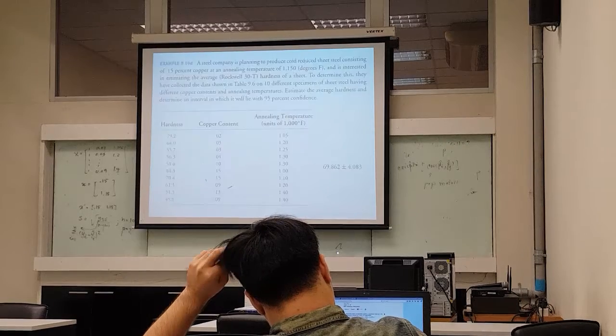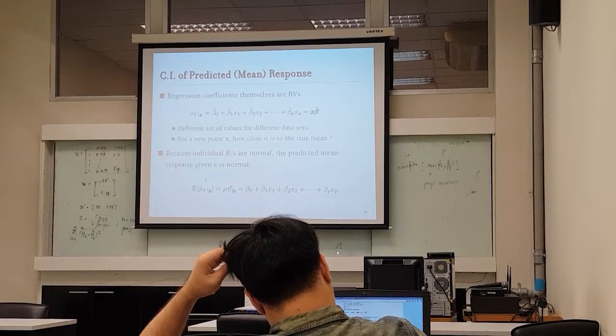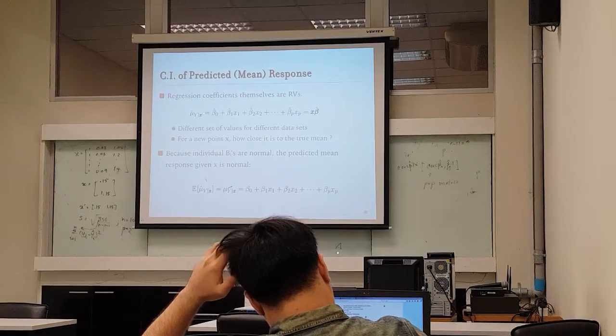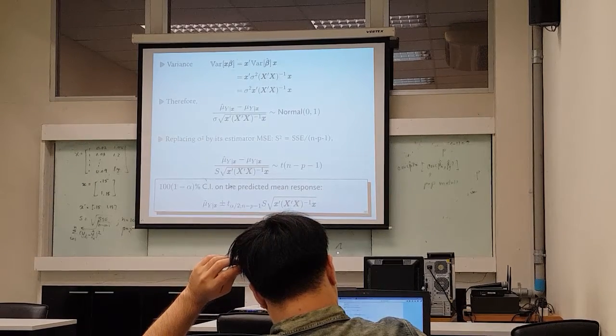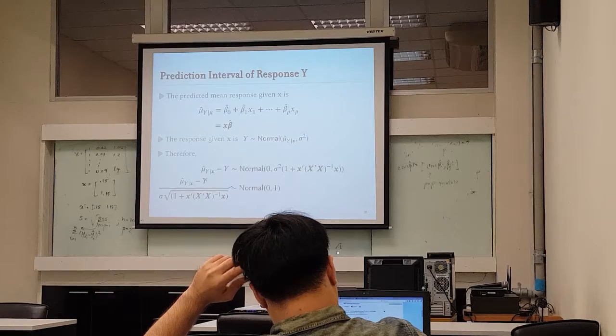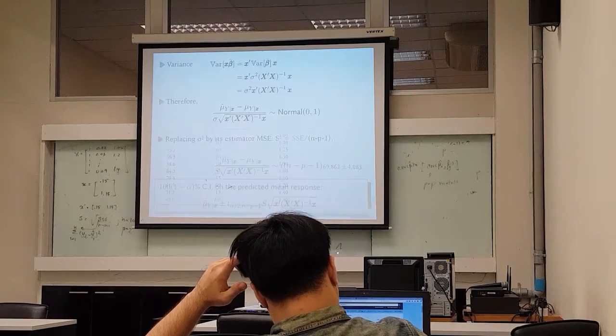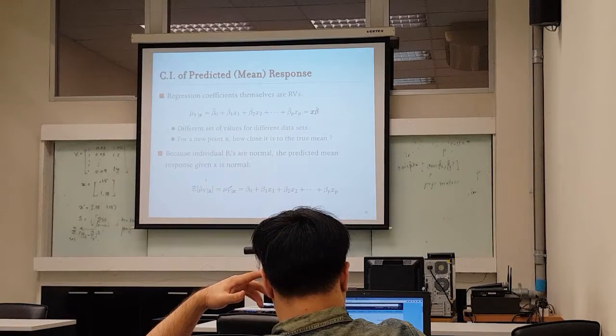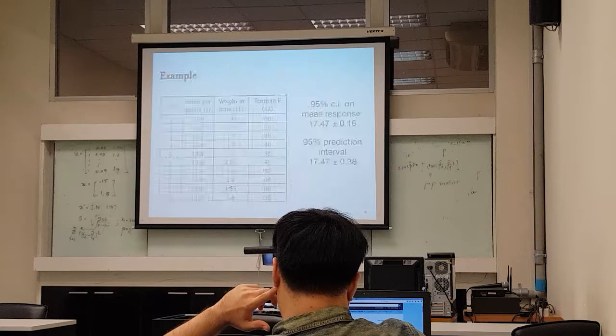What about the prediction interval? This is the confidence interval on the mean. You want to find the confidence interval on the response itself, y. Y has a normal distribution.